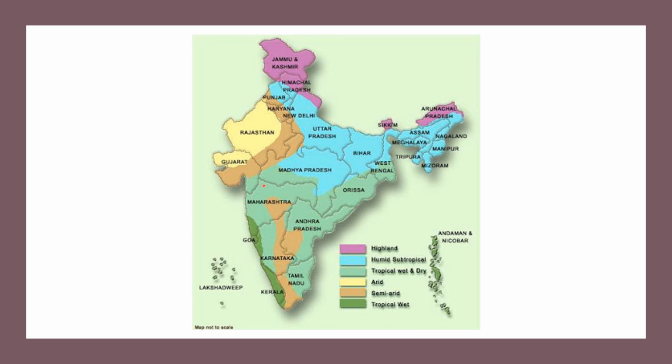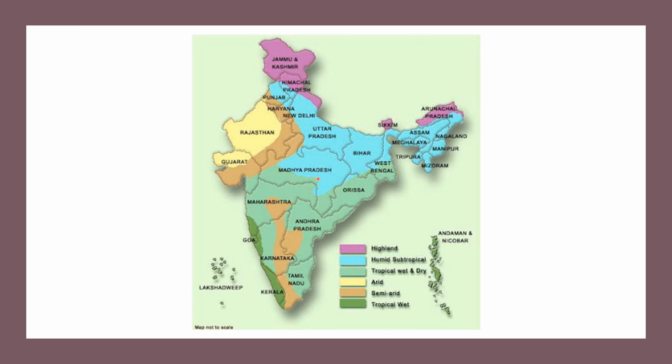Areas of Maharashtra, especially northern and eastern Maharashtra, parts of Andhra Pradesh, a considerable area of Orissa, and Tamil Nadu all remain wet, but they do not get as much rainfall as the areas which are shown in blue.